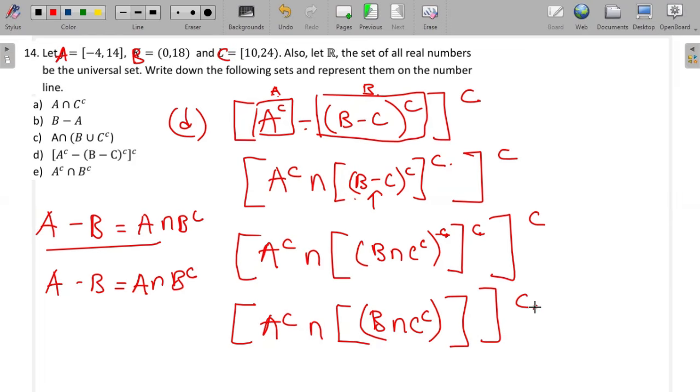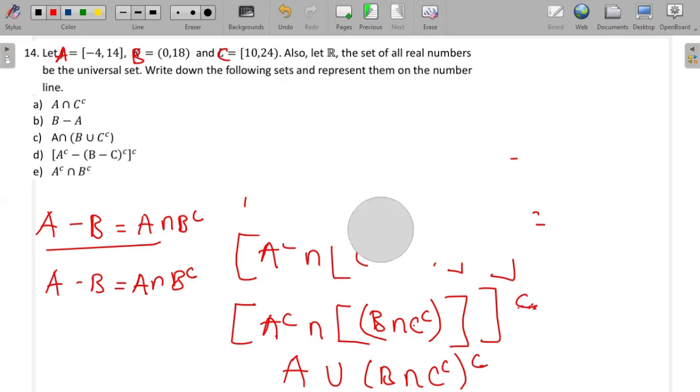So this complement goes to this complement, and then it goes to this whole term here. So complement to the A complement will just be A. The complement cancels. Complement to the intersection becomes union. And then complement to this, I get B intersection C complement, complement. So this complement here has come from here. I'm still simplifying this.